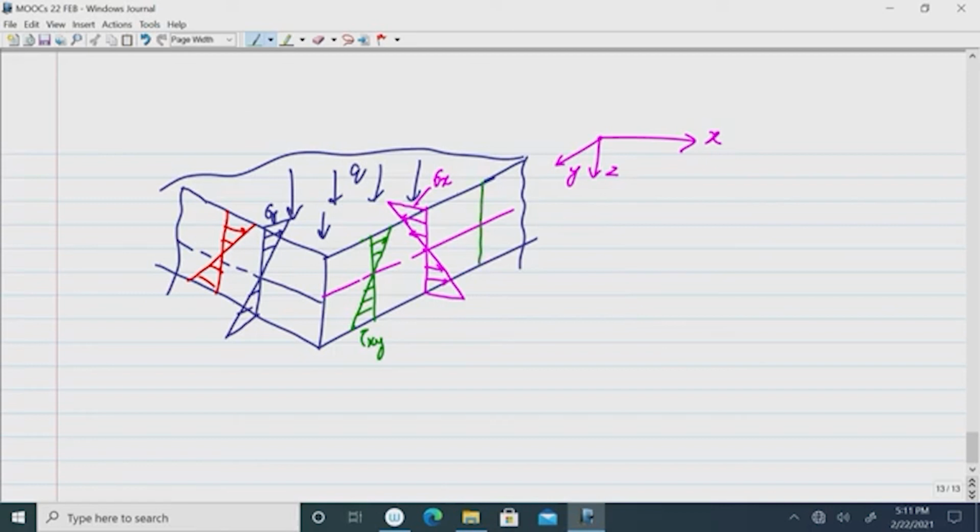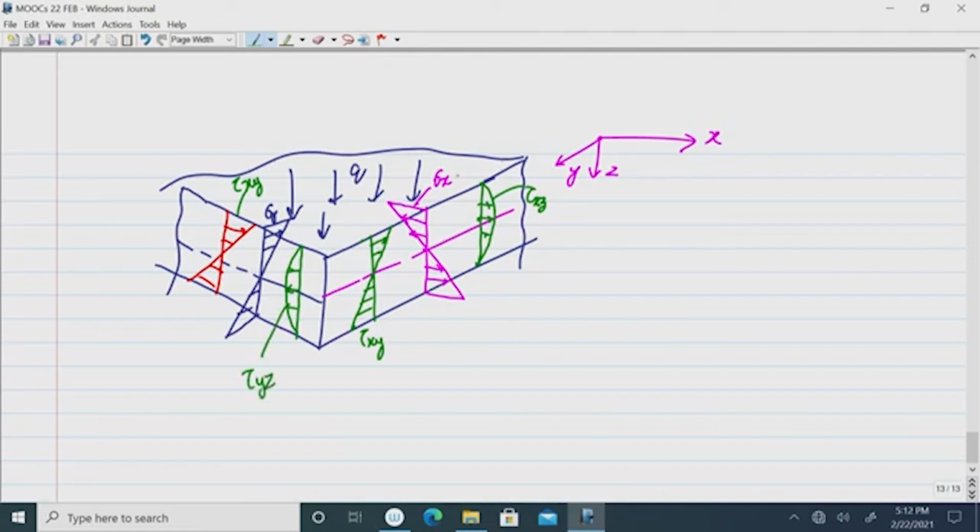So, if I draw tau xz, it will be parabolic and maximum here. Similarly, tau yz will also be parabolic and maximum here. So, this is the variation of tau xy or tau yx, this is the variation of tau xz, and this is the variation of tau yz.